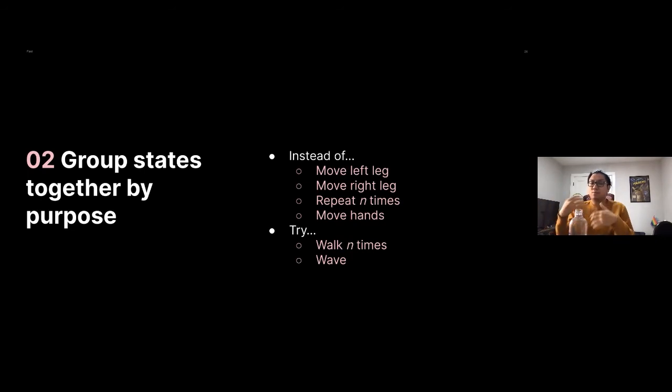If you're building this robot thing, you can either say, okay, I want to move my left and then move my right, left, right, left, right, left, right, and then you move your hands. Or you can say, I walk n times, and then you do a wave. Well, both cases are possible and can be done in a workflow, because after all, it's a state machine.